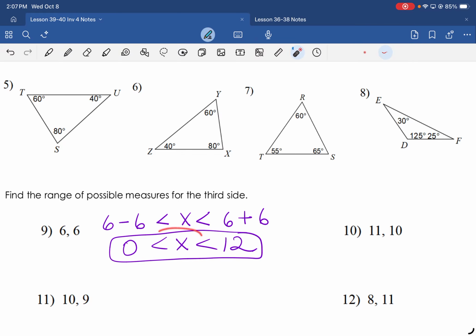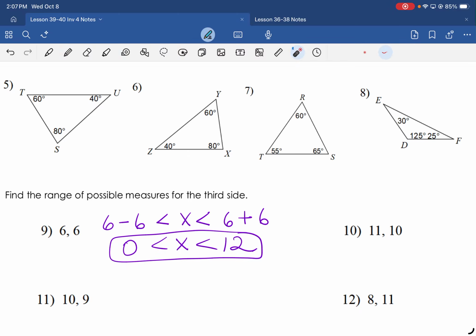It has to be between those two. So that's the answer. That's the range of possible measures for the third side. So you're always going to start with the between, and then you're going to do the minus of those two numbers and the plus of those two numbers.